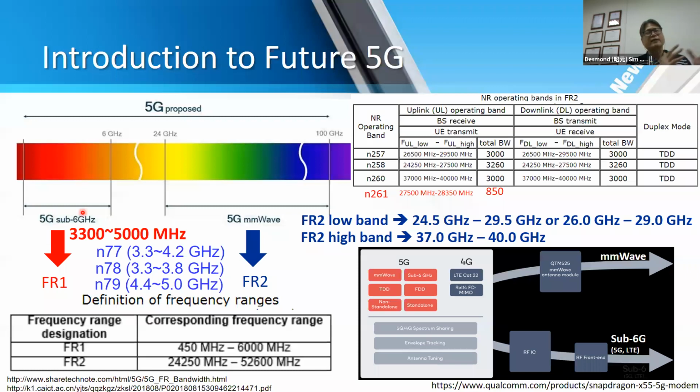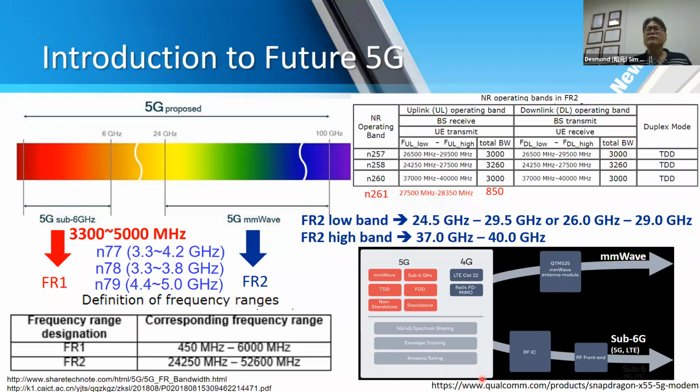So at the moment, as I said before, they have broken the 5G sub 6 gigahertz into 3 types of band. One of the bands is known as N77, between 3.3 to 4.2, N78 between 3.3 to 3.8, and N79, and that is 4.4 to 5 gigahertz. And I look at the one on the right side.